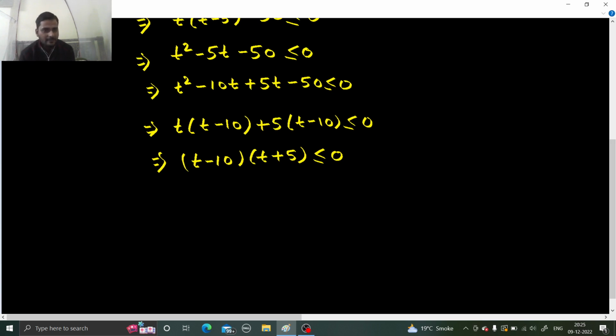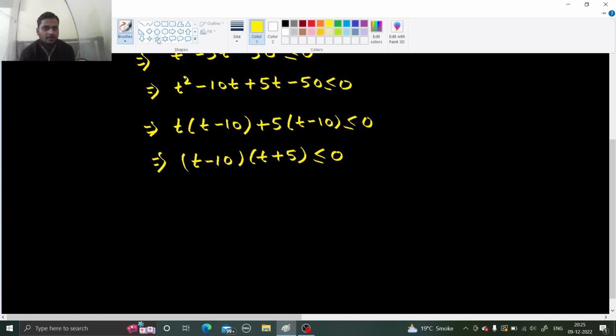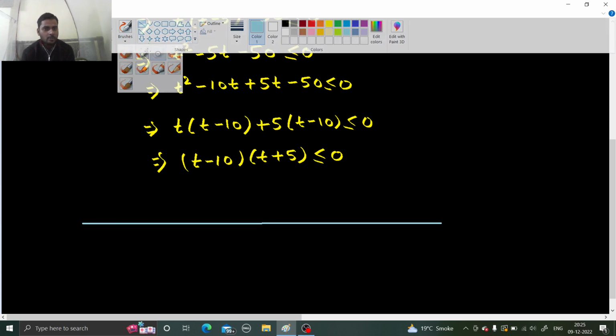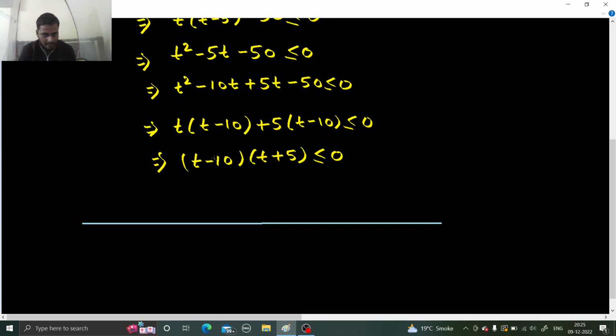Let's move ahead. What do we do next? When we have got our simplest form, what we do is draw a number line. So draw a simple number line. This will be enough. Then our next target will be to equate the brackets to 0 and plot them.